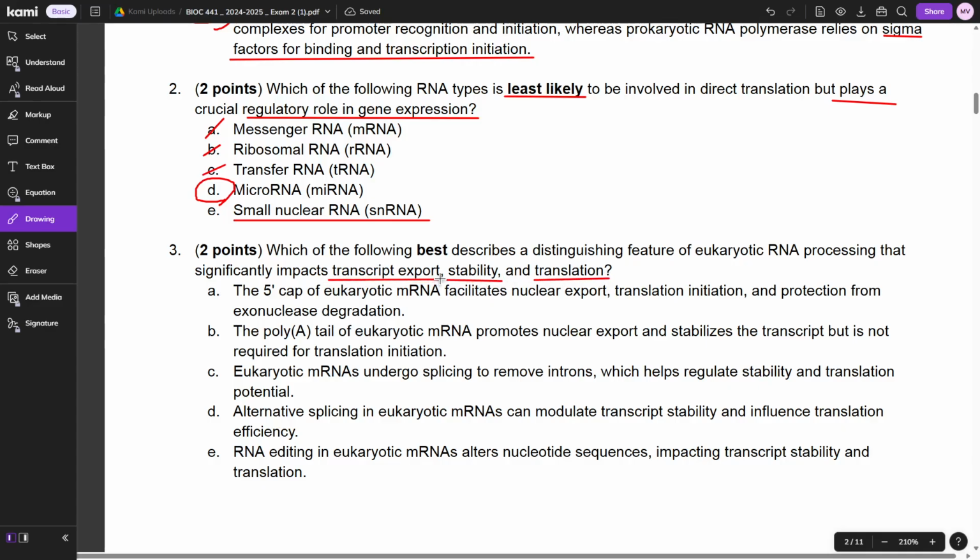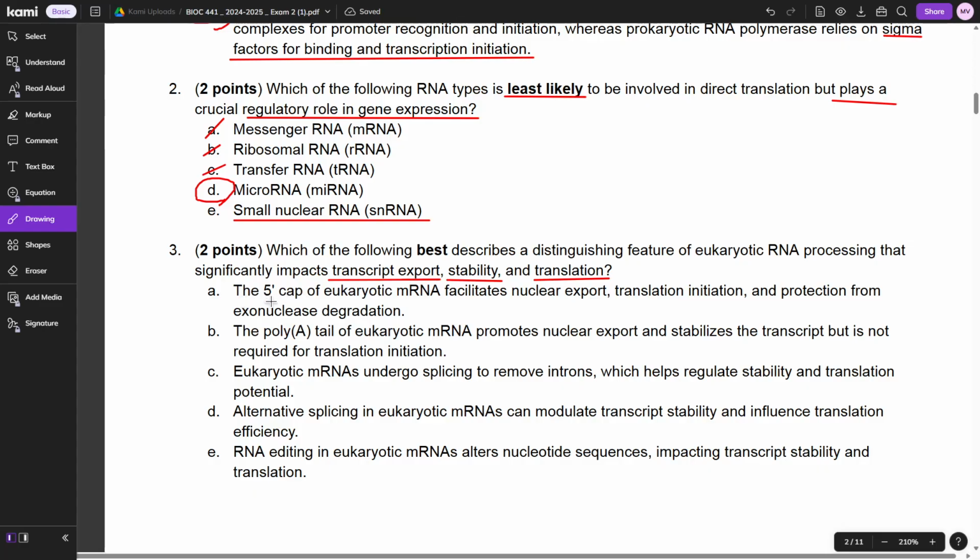I'm looking for 5' cap, poly A tail. Those are some of the most important things in eukaryotes, and that's literally how we stabilize all of our mRNAs. Otherwise, they would just explode. So anything to do with 5' cap. If I just look real quick, I can actually eliminate some of these because they don't have anything to do with 5' cap or that, but let's just read through them anyway.